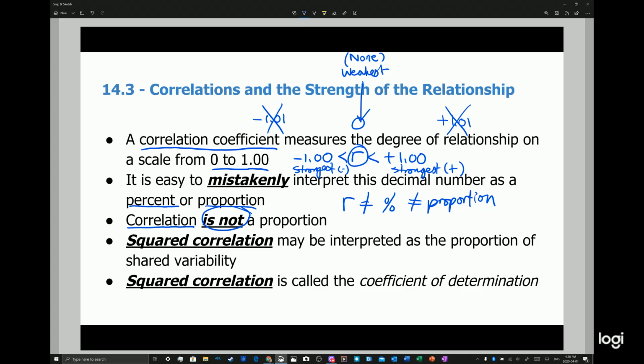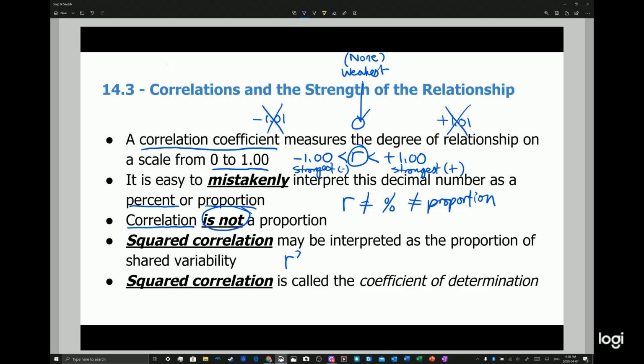Think of it as more like a slope, the M in your mx plus b. Although that's not quite it either. But the main point here is that R, your correlation coefficient, is not a percentage or proportion, even though it looks like it's between 0 and 1 in terms of absolute value.